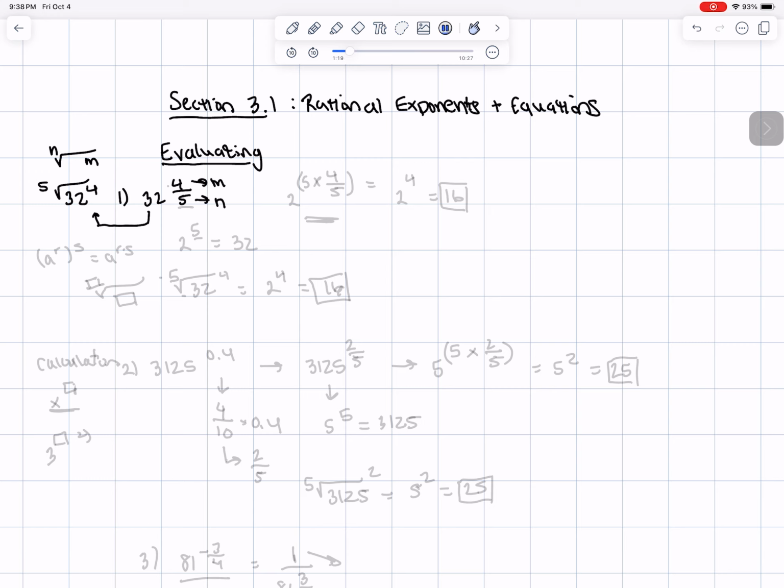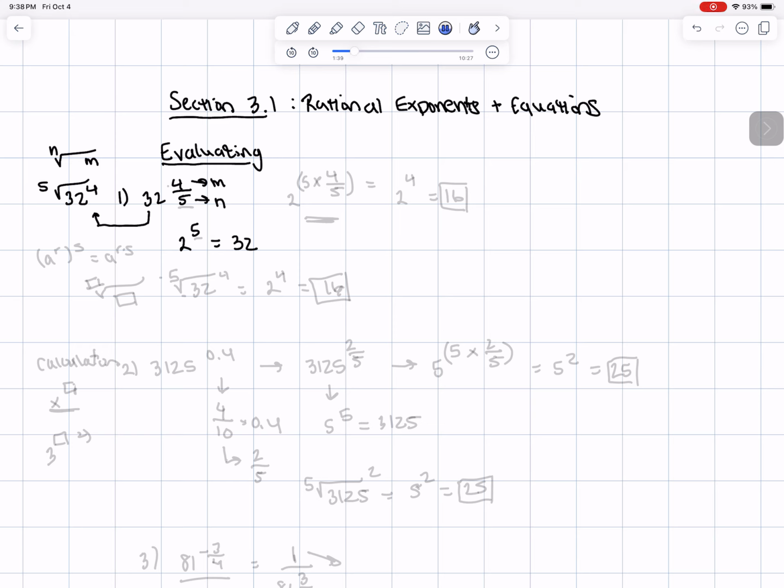So how do I do this? Well, I need to find out what number to the power gives me 32. If I use my calculator, I would find out that 2 to the 5th equals 32, so I'm going to use that.